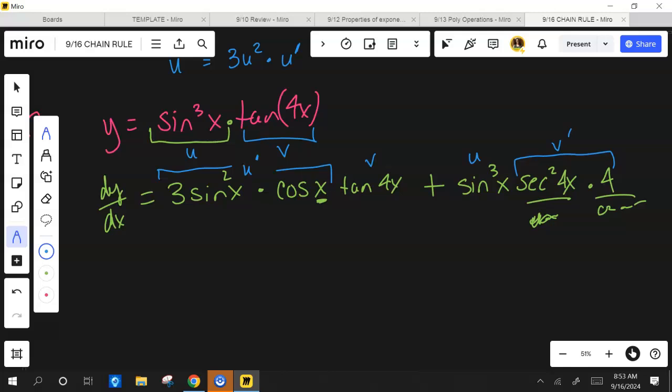Remember how we do trig raised to a power: we do power, then trig, and then the derivative of the inside. So power, and this stays the same. Then the derivative of the trig itself. And then if this had something hooked to it that I could take the derivative of, that's when I would do it.